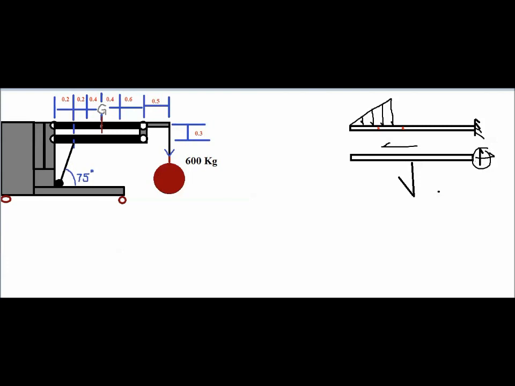So it is not translating anywhere. This edge is not going up or sideways, and therefore the beam stays as it is. But there's still a possibility of the beam revolving at this point, right?